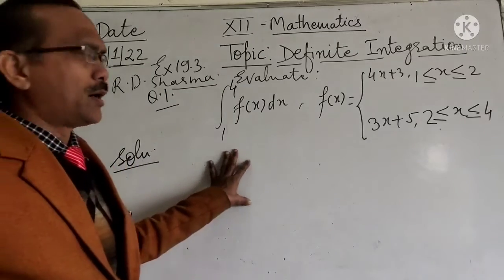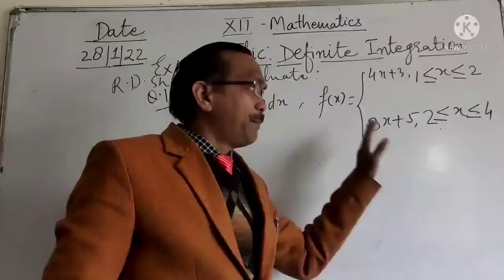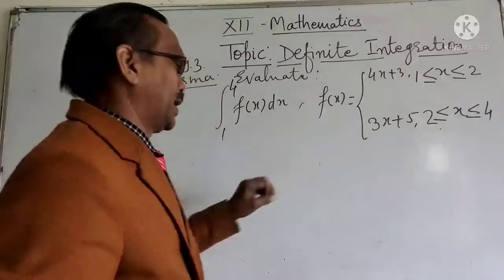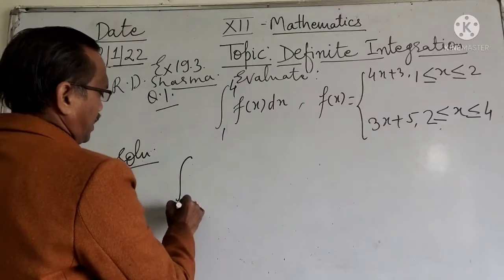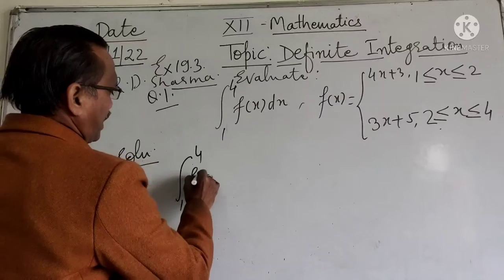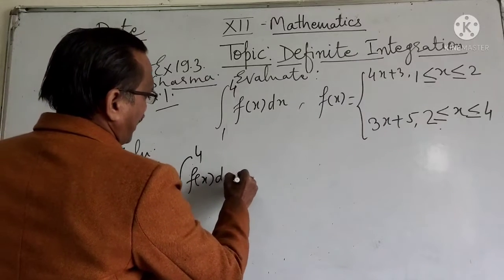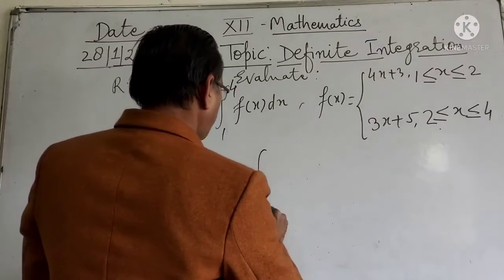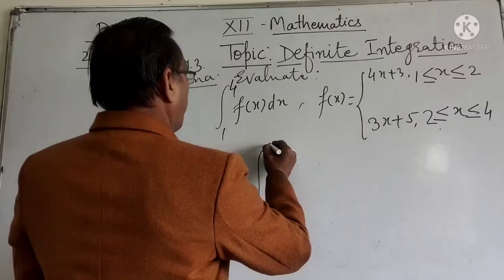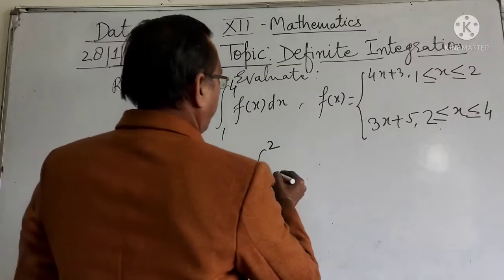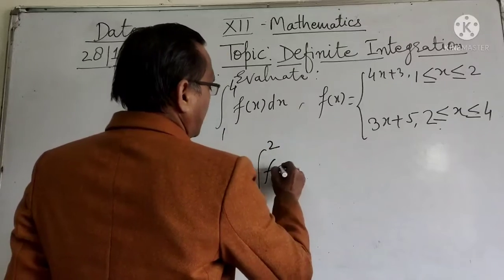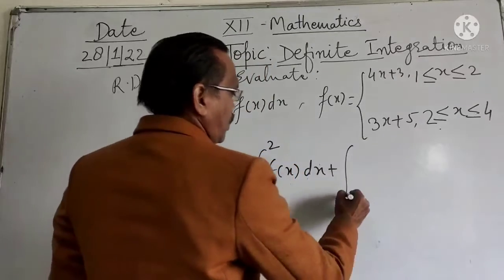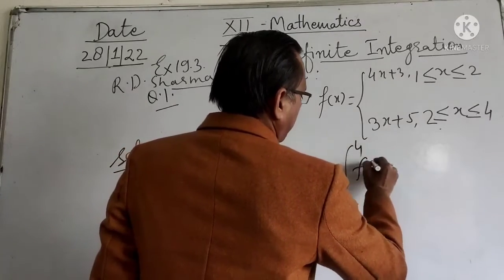Dear student, from the third property, we can break this integration into two integrations. It is 1 to 4 f(x) dx. It can be written as 1 to 2 f(x) dx plus 2 to 4 f(x) dx.